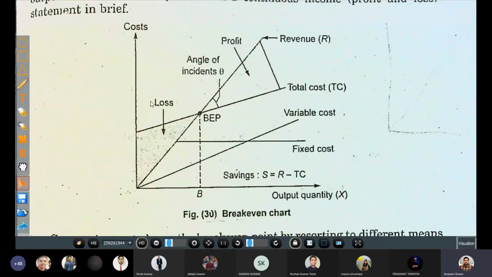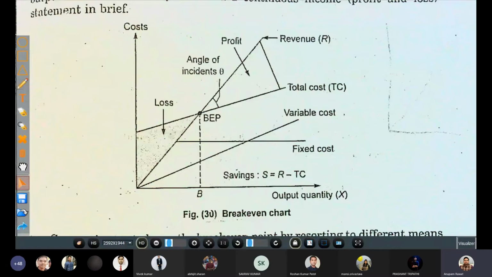This break-even chart is a graphical representation of the relationship between the cost and the revenue at possible volumes of output. The chart contains the direct cost line and the indirect cost line, besides the total cost line, and also the revenue line.